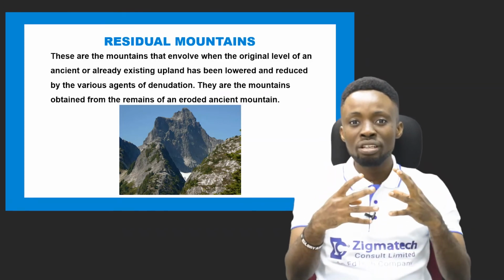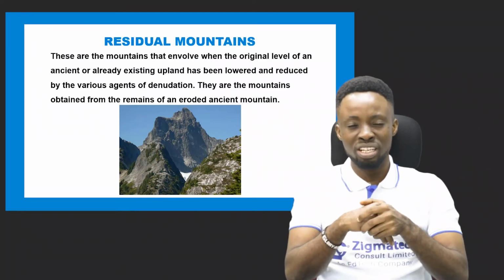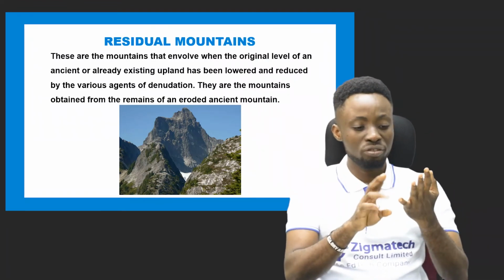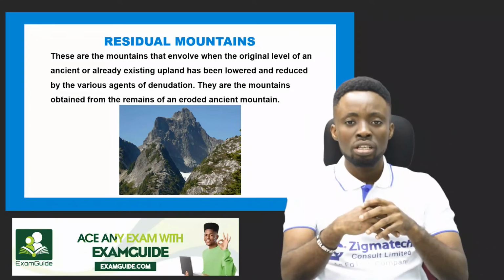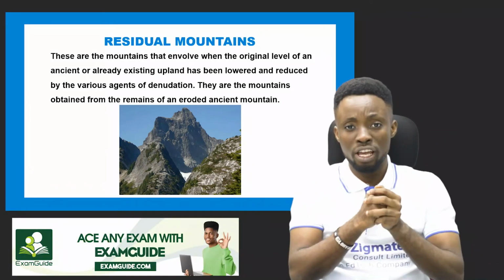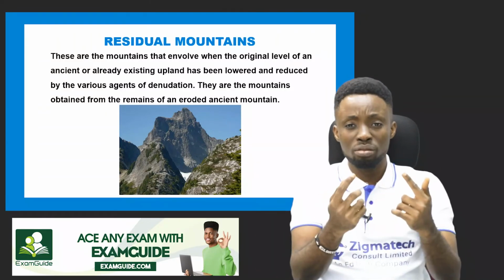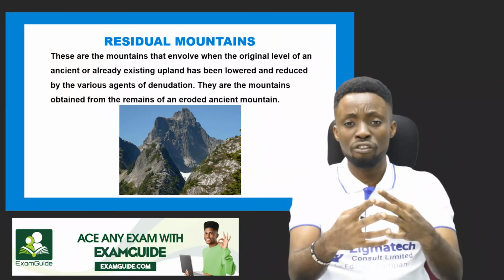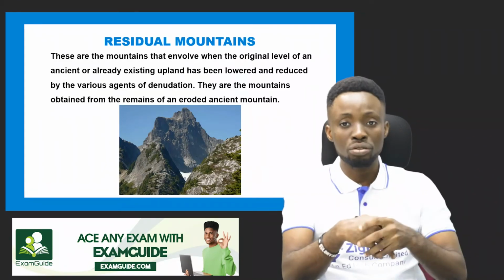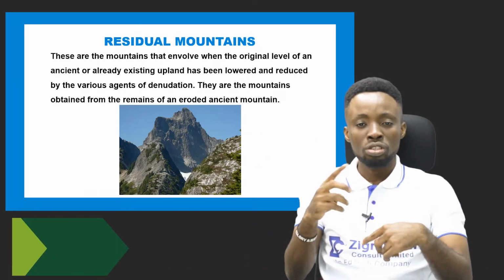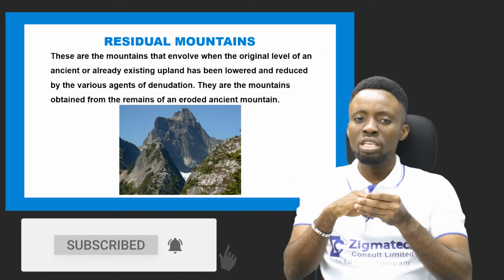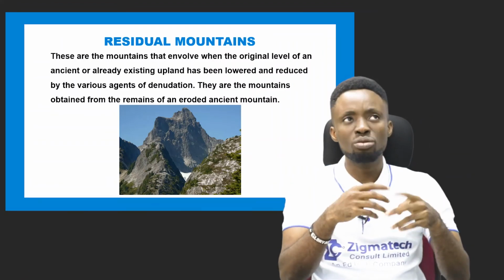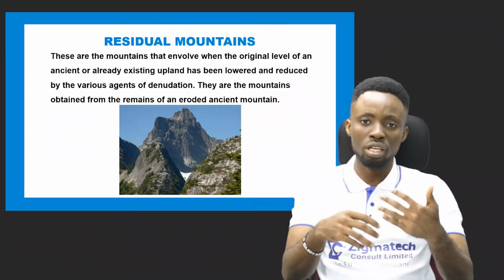So when a block mountain or a fold mountain has been affected by agents of denudation like running water, wind or ice, for a very long period of time, the mountain that results from this action is what we call a residual mountain.